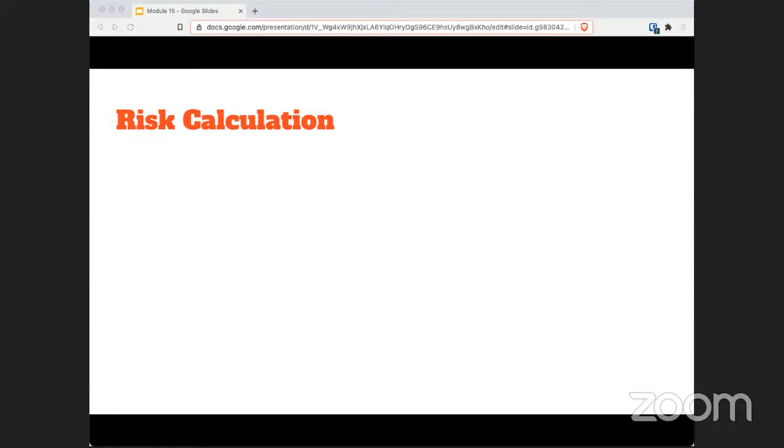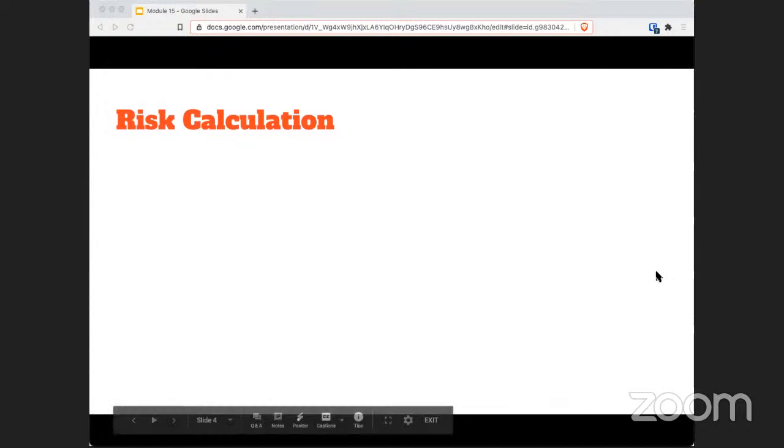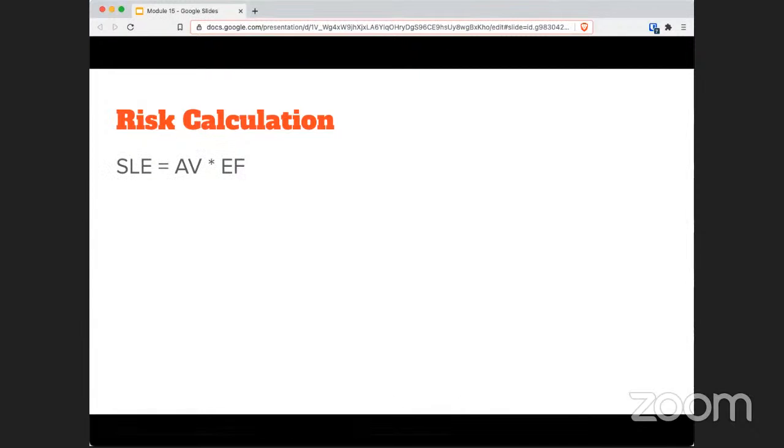Risk impact is done by comparing impact to monetary loss with an asset to determine the cost that represents how much money would be lost if the risk occurred. There are 3 variables that you need for this: the ARO, the annualized rate of occurrence, the asset value, and the exposure factor. This important calculation that you need to know is called the single loss expectancy.